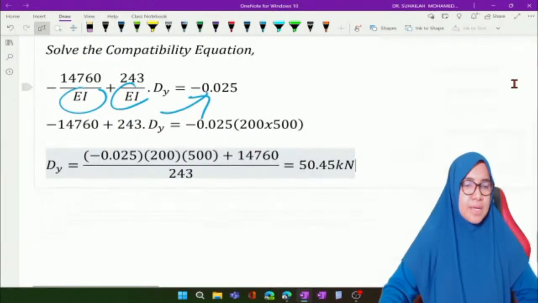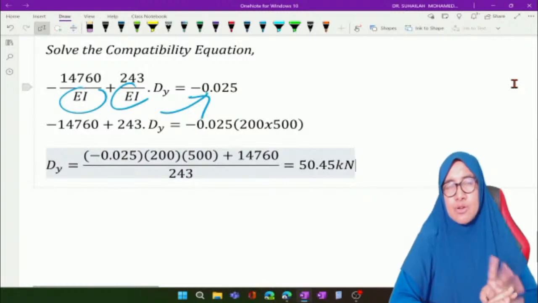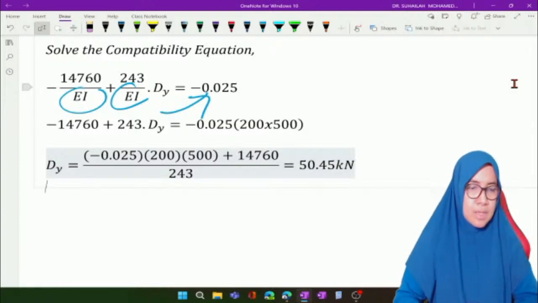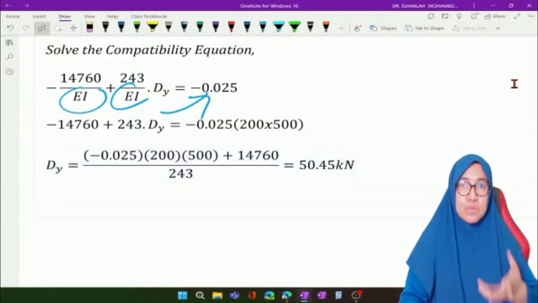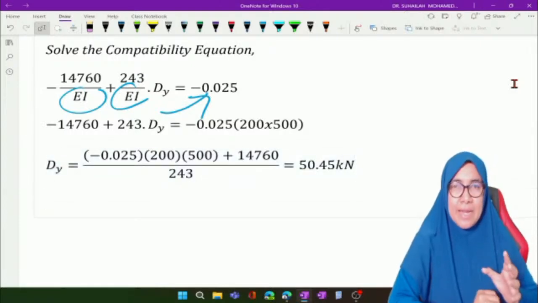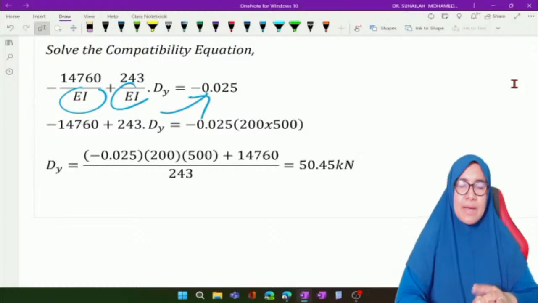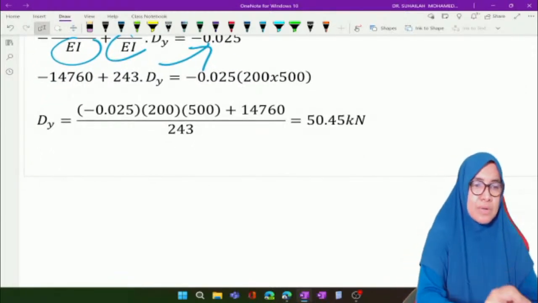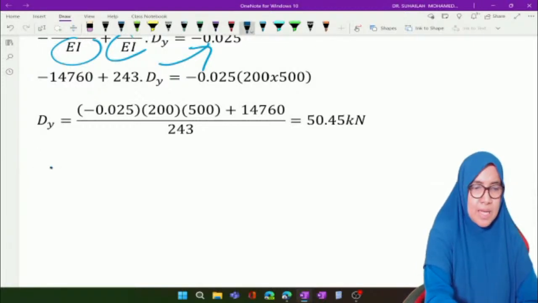Okay, now out of 4 unknown reactions, 1 redundant, we have solved the redundant using the compatibility equation. Now we will continue to calculate the remaining reactions. And to calculate the remaining reactions, we have 2 choices actually.